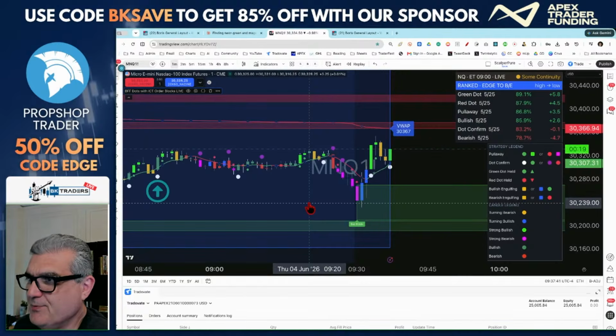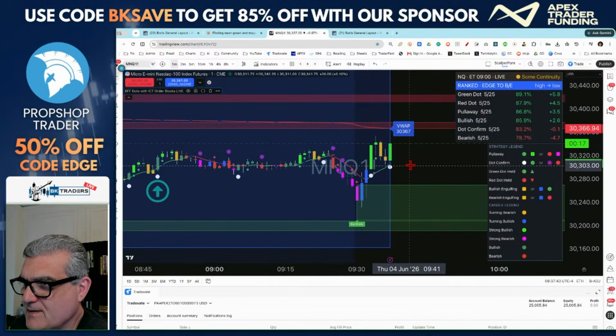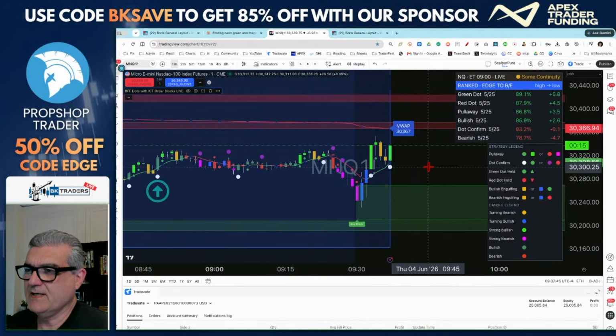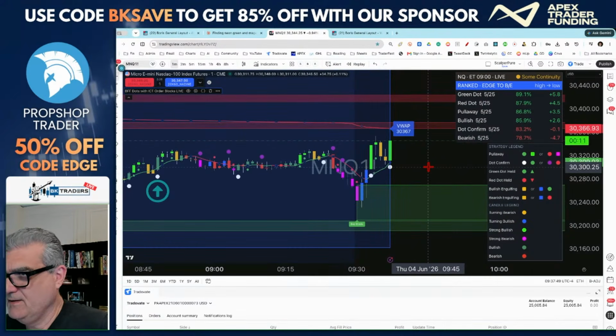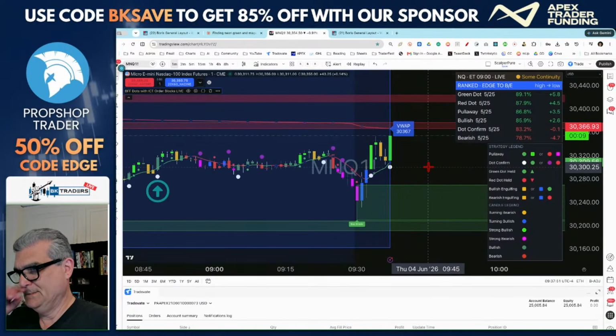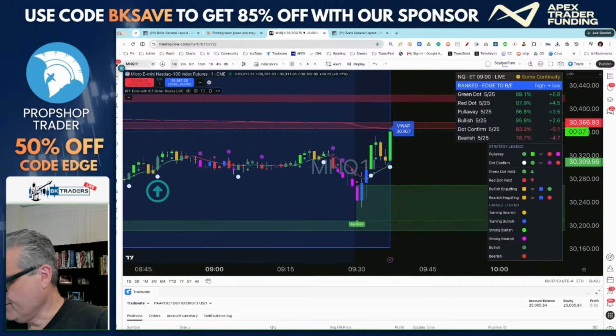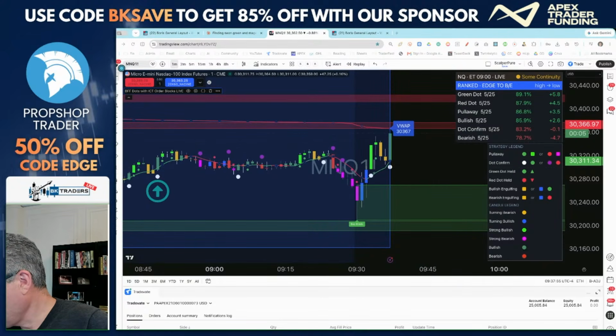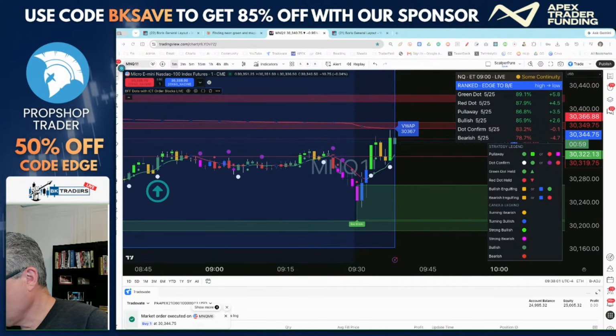See if we can get a bullish engulfing here. 16, 17 seconds left. Pull away, bullish engulfing. See if this is going to play out for us. Coming right back down. Vol.